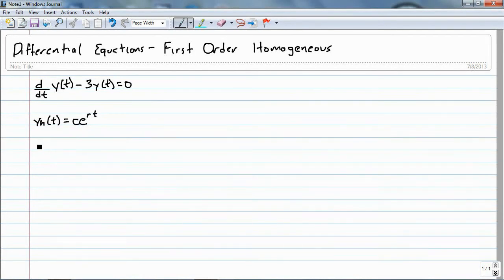And now let's throw this into our differential equation. And let's substitute in.